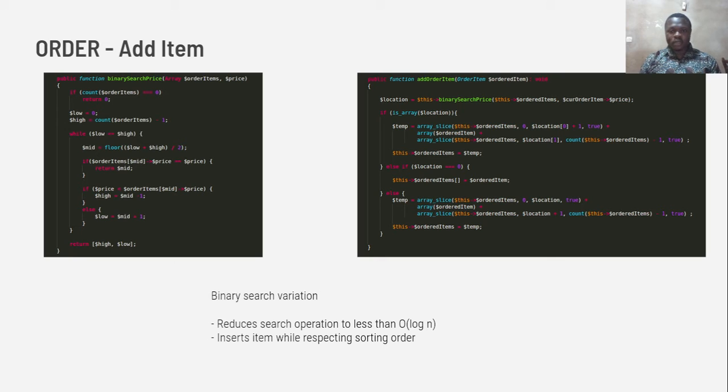A binary search, as we know, is O of log n, which is really optimal for finding an item in a sorted list. So when we find the position, we insert the object at that position, and we update the fields: other items, the sum, and the max price.